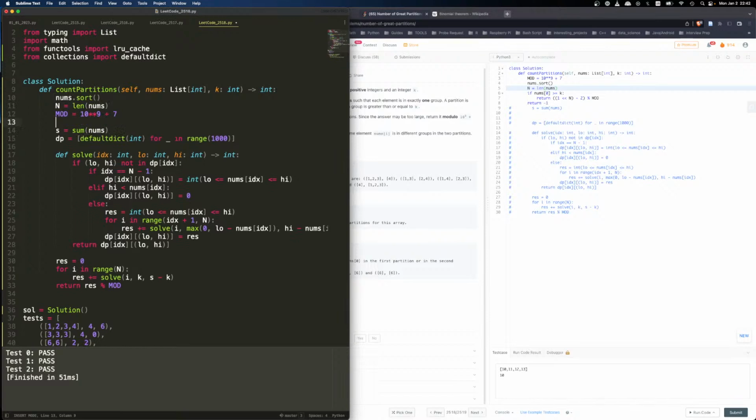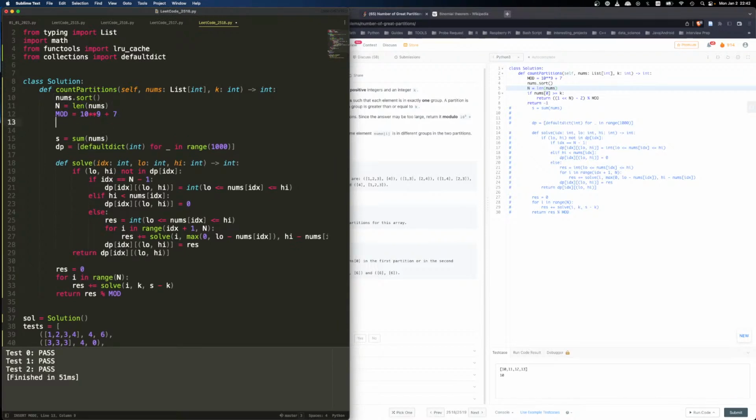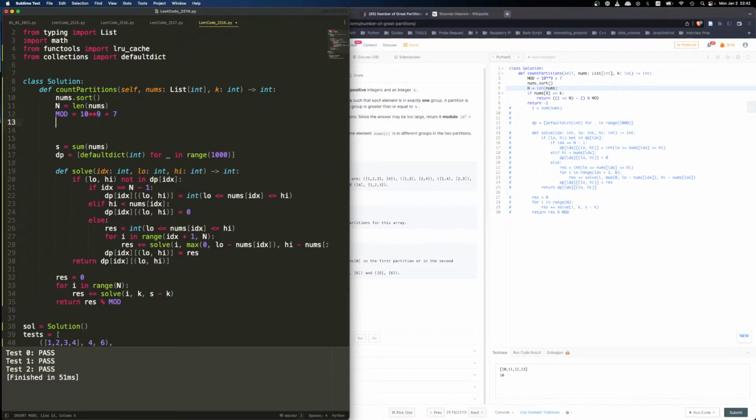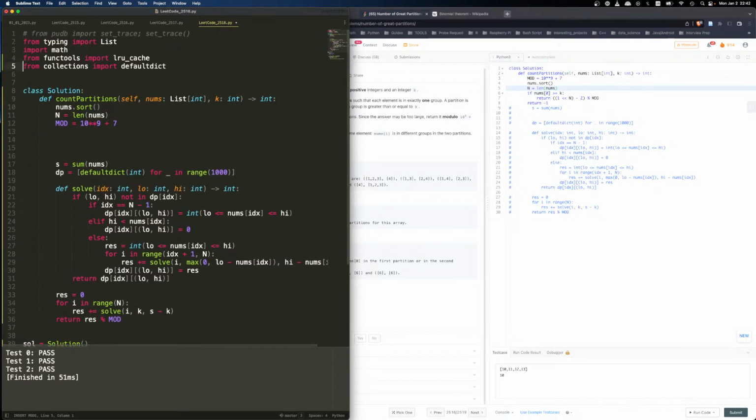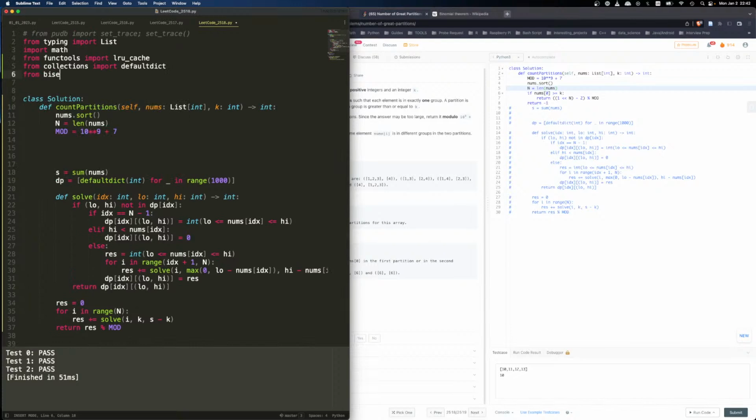Probably will put this at the end, right? So we're gonna say binary search nums.